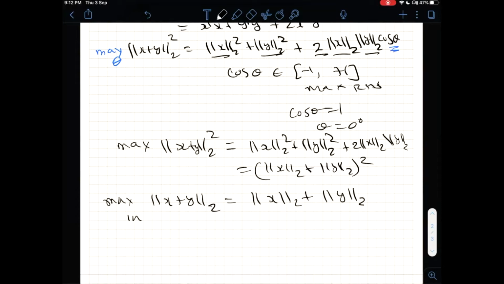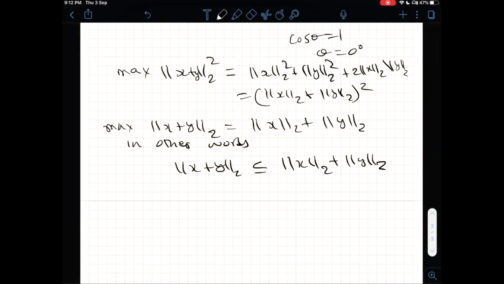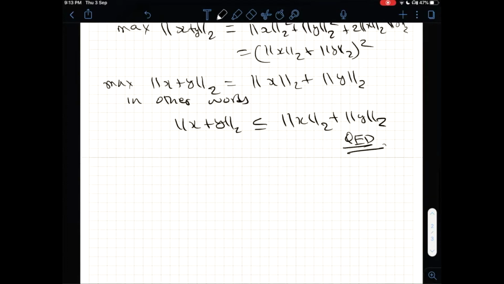In other words, the second norm of the x plus y vector is always less than or equal to the second norm of the x vector plus the second norm of the y vector. In fact, vector norms, and there are also matrix norms, all of them are framed as maximization and minimization problems. Those are your examples of maximization and minimization in matrix algebra.